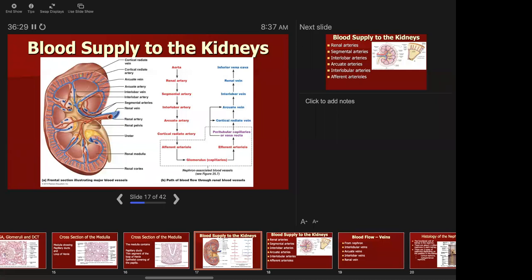From those cortical radiate arteries, you can see they have branches. They branch into multiple. All those red ones are the arteries. So you can see they give rise to multiple branches. Those branches are afferent arterioles, afferent going to the individual nephrons.